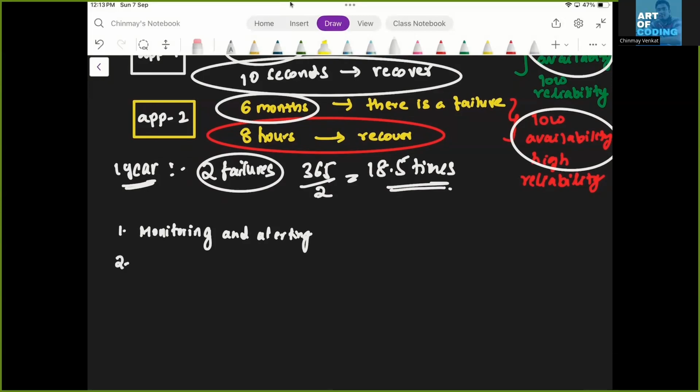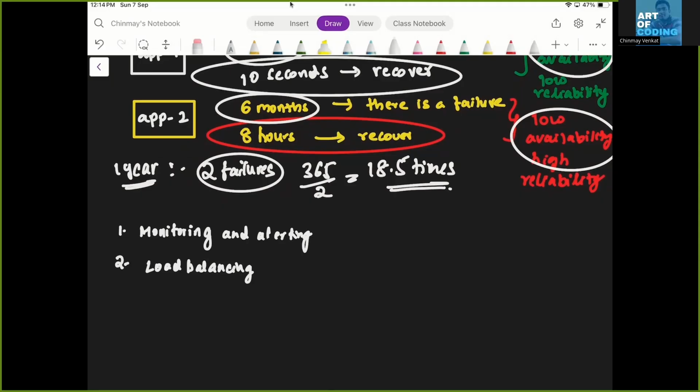Second, load balancing. Load balancing means that if at any particular time you are getting a large number of requests, the requests are distributed evenly between the servers. That is how load balancing helps. Third is automated recovery.